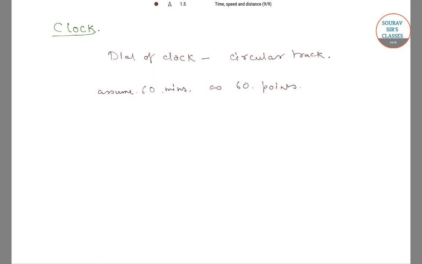Here we are giving an arbitrary new unit of distance as points. So the minute hand runs on a circular track of 60 points.